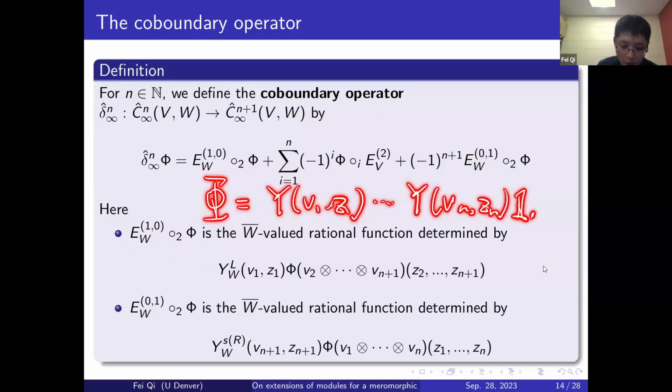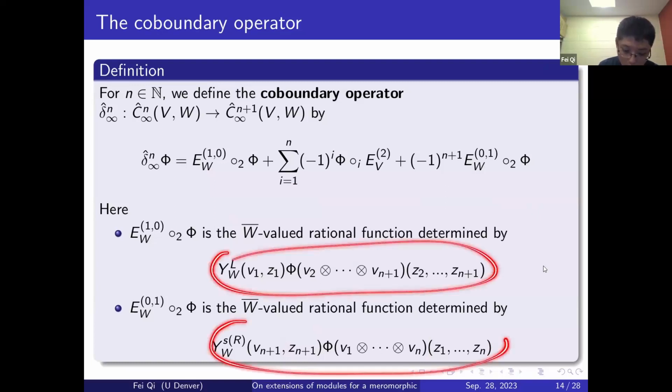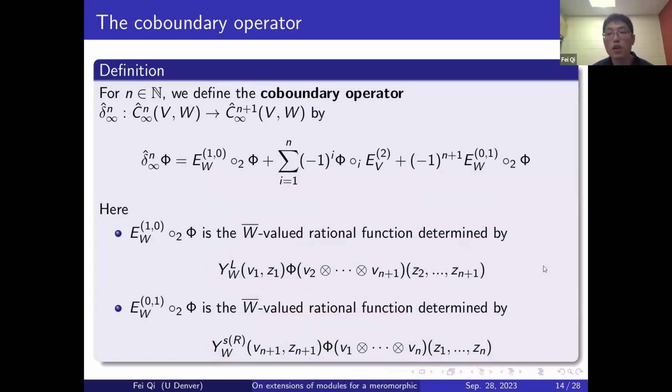So if you act with the vertex operator from the left, you see that this series converges when z1 is greater than all the rest. But for this other series to converge, z_{n+1} will have to be greater than all the rest. So the regions of convergence of these two series are empty and disjoint.